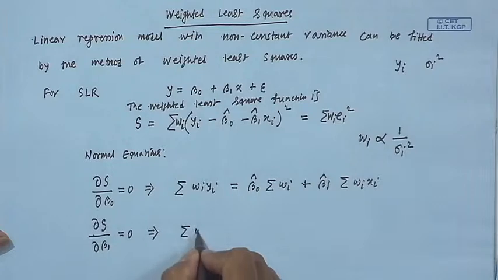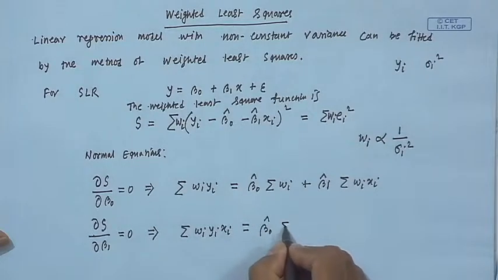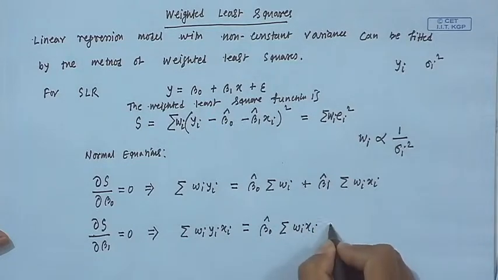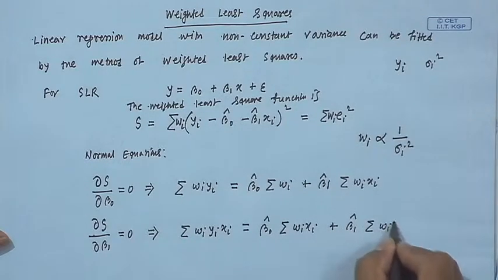This gives summation w_i y_i x_i equal to beta naught hat summation w_i x_i plus beta 1 hat summation w_i x_i square.